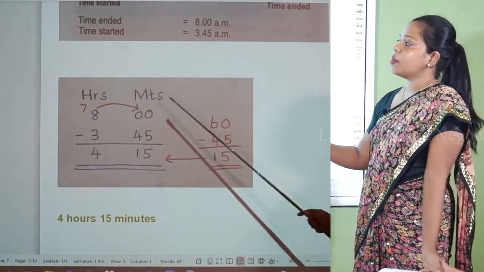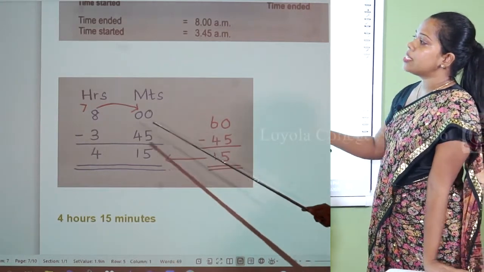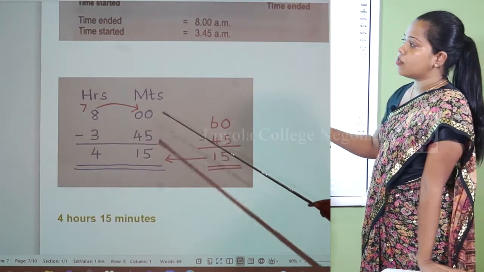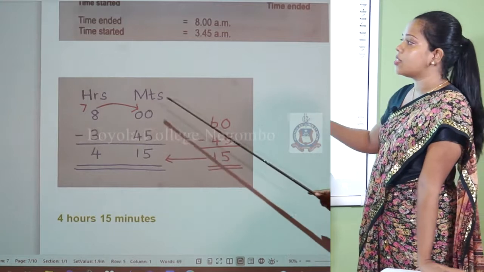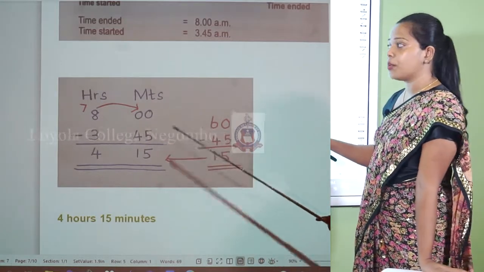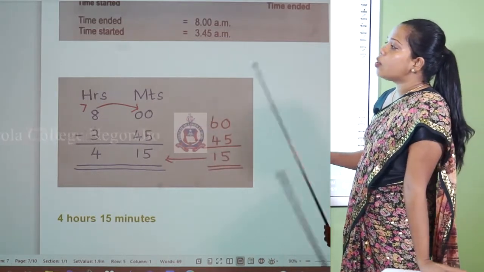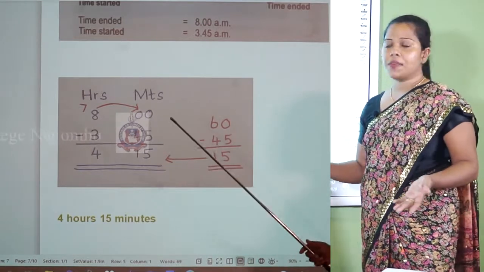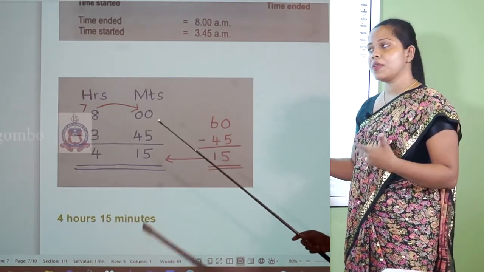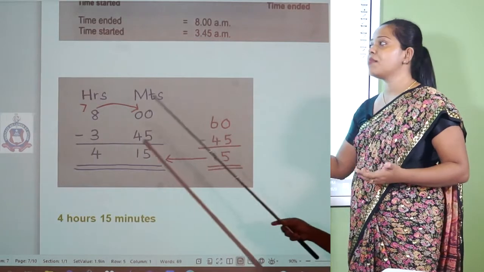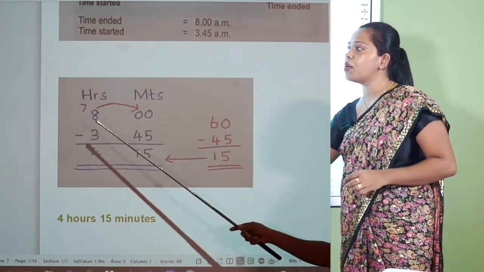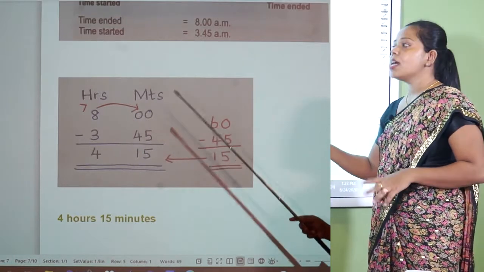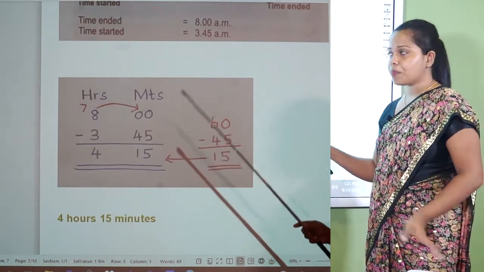Now when you look here, double zeros are there. So from this 0 you can't subtract 45 because 0 doesn't have any value. When we were subtracting numbers previously, we also learned that if we can't subtract from the given number, we borrow one from the next side. Here also it's the same.